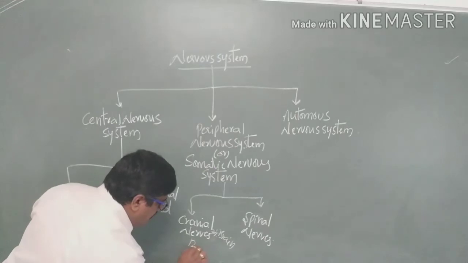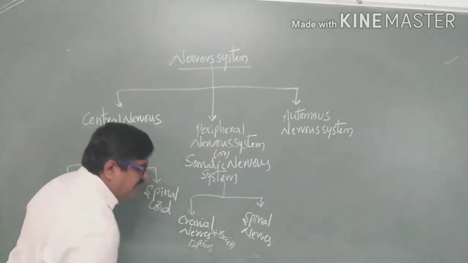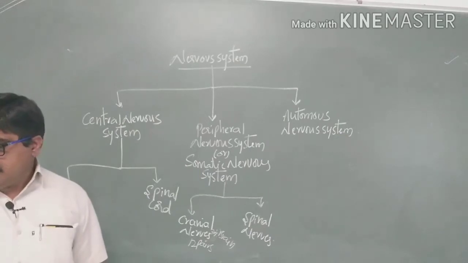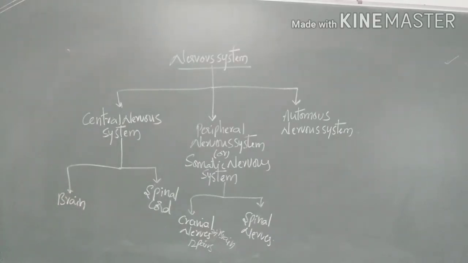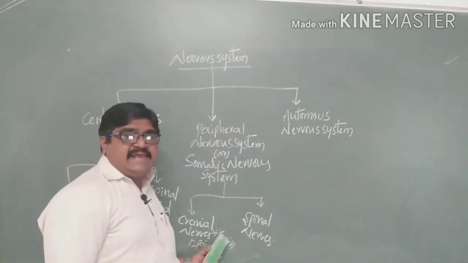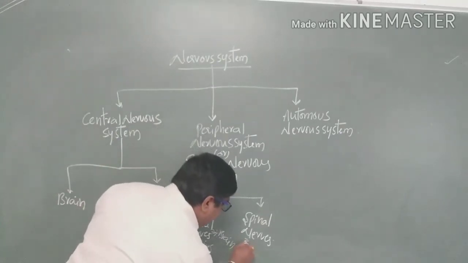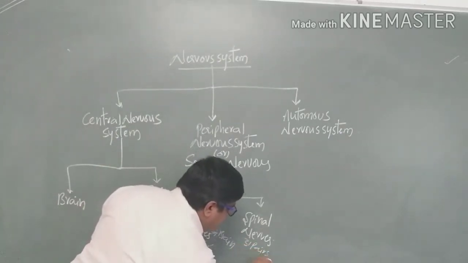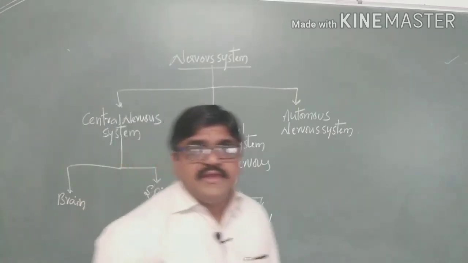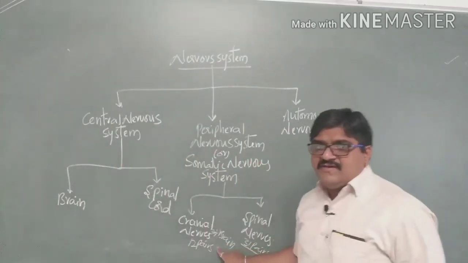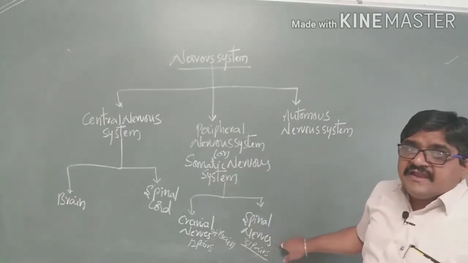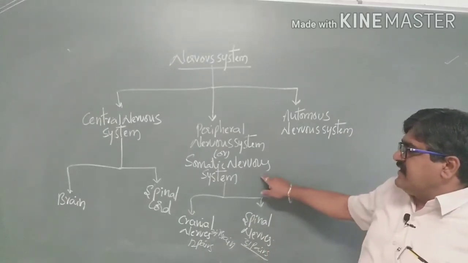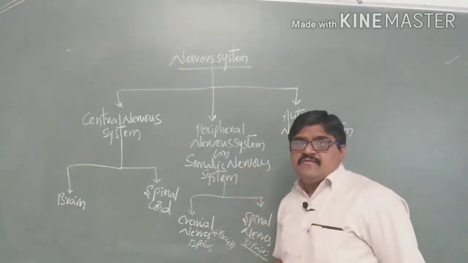There are 12 pairs of cranial nerves, and 31 pairs of spinal nerves present in our body. These 12 pairs of cranial nerves and 31 pairs of spinal nerves are present in the somatic nervous system, or peripheral nervous system.